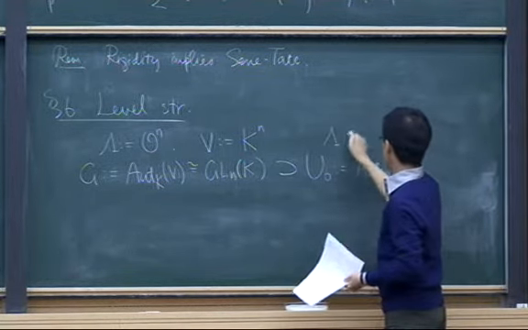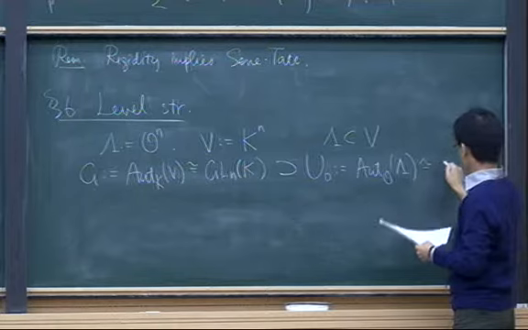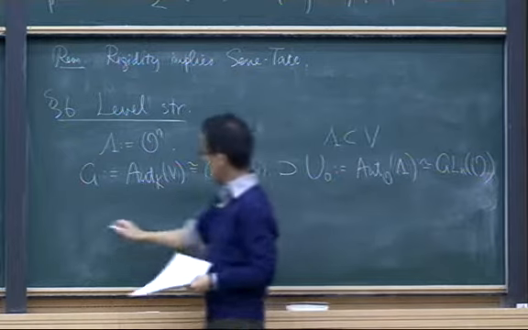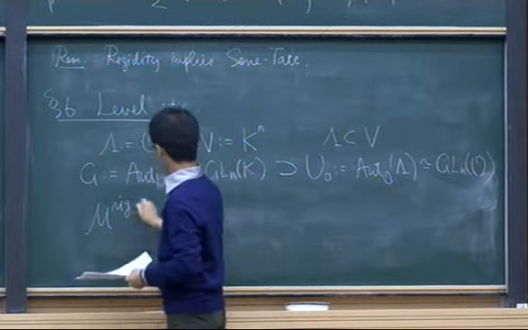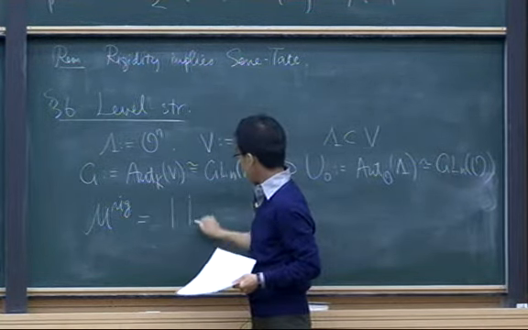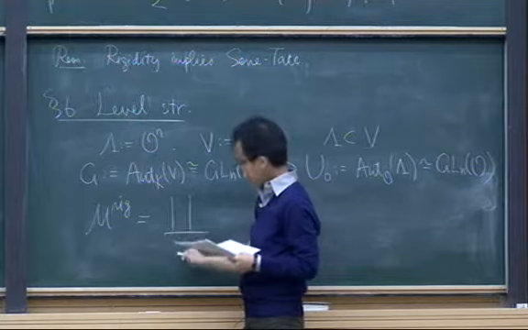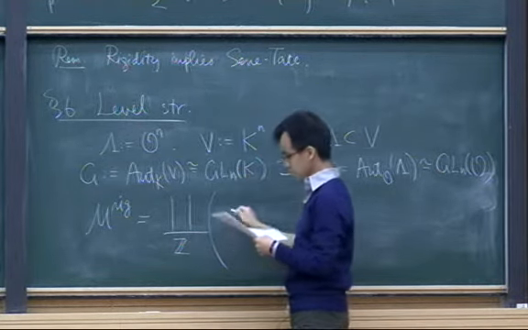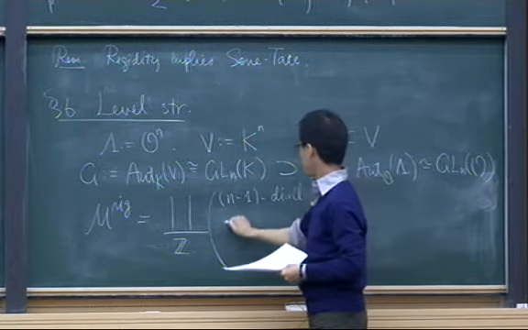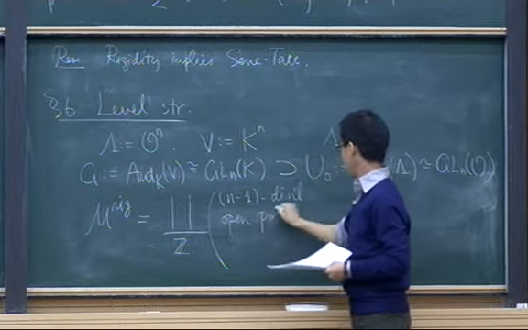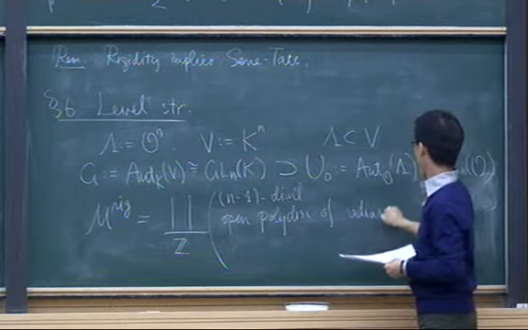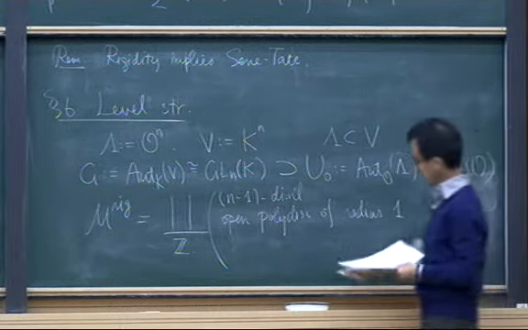So I consider lambda as contained in V. This is GL_n of O. And we learned from Miura-kun that we can associate a rigid space to a formal scheme. This is an n-1 dimensional open polydisk of radius 1.